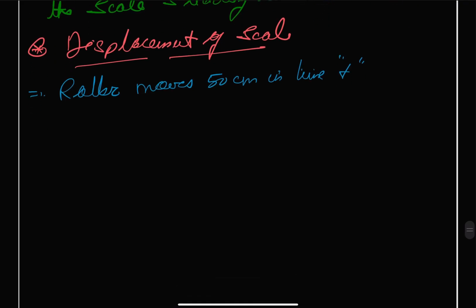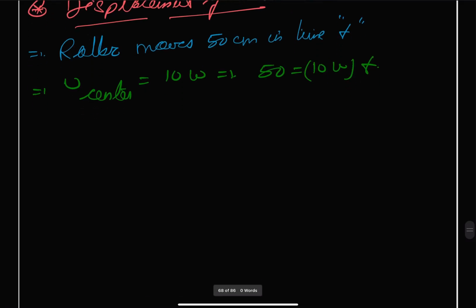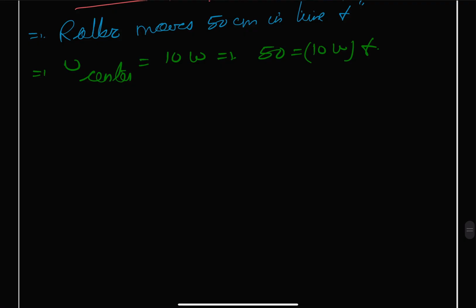We also found out that the velocity of the center is our 10 omega. Therefore, we can write that 50 will be equal to 10 omega multiplied by time t. From here, we can say that t will be equal to 5 upon omega seconds.